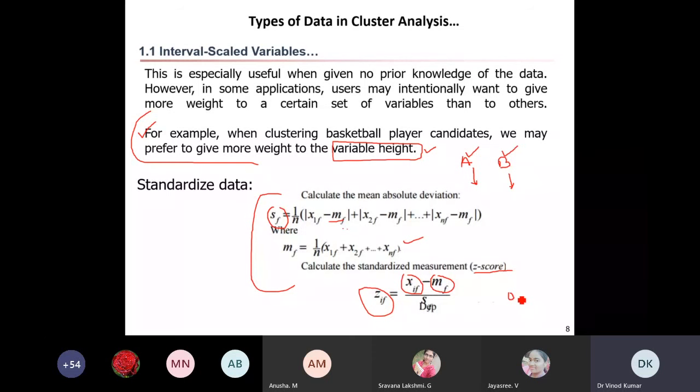So we can fix our value in some range from 0 to 1 or whatever.